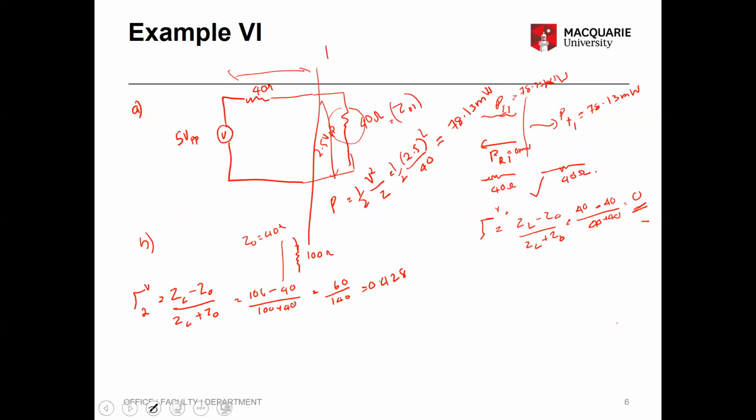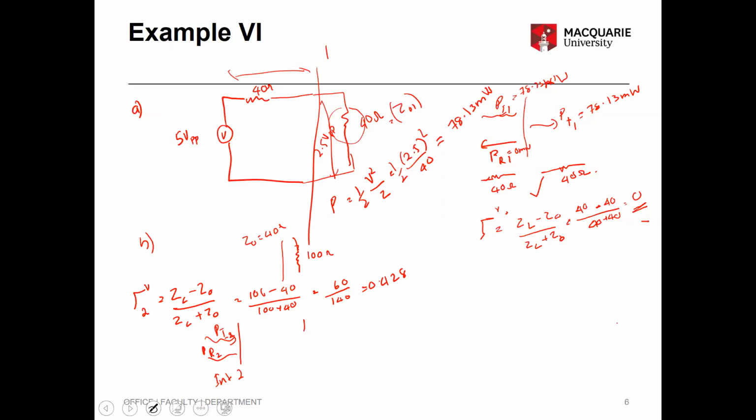So we can find the reflected power. At the second interface, you have P incident 2 and P reflected 2.